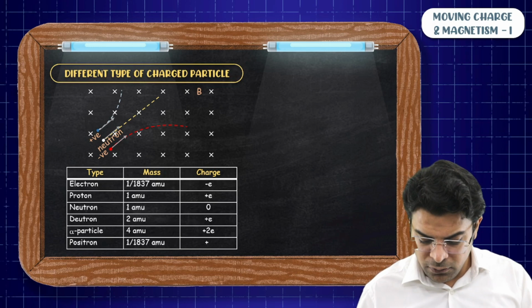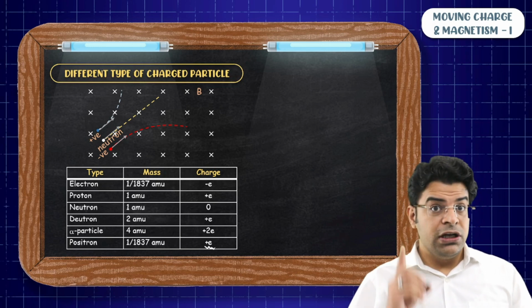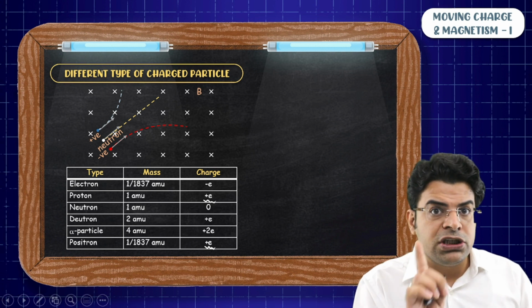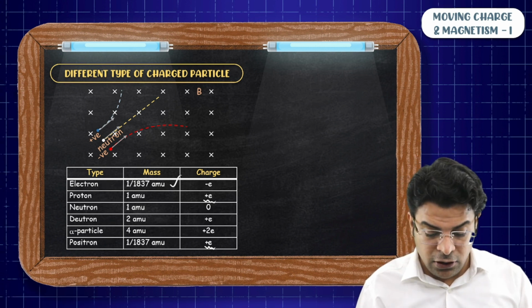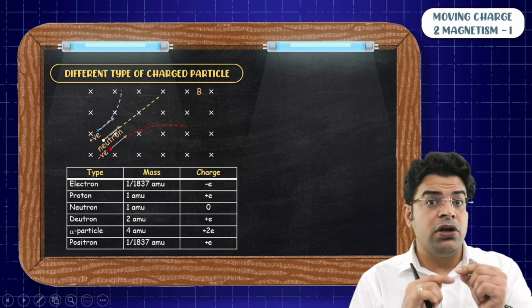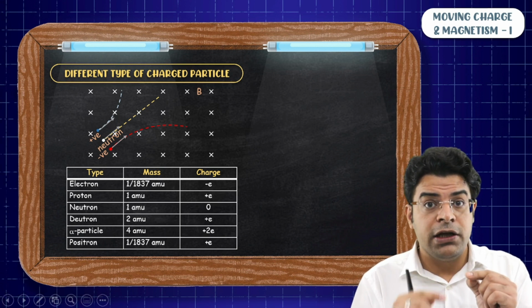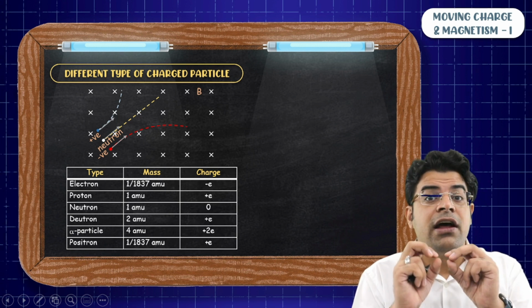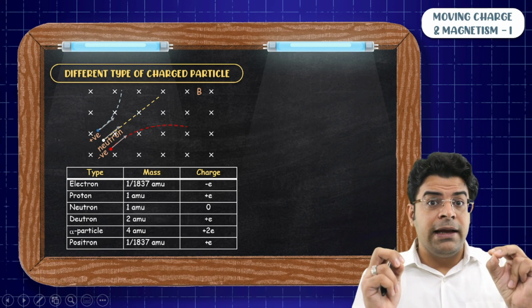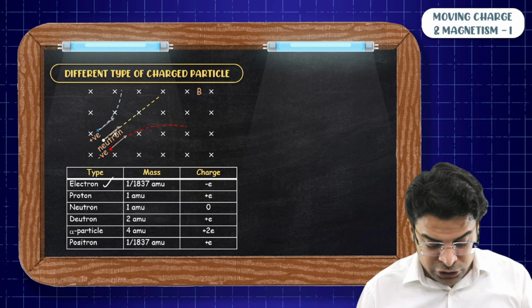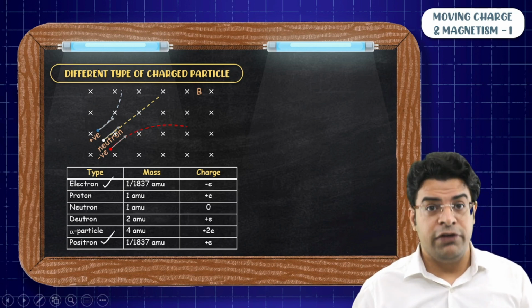The charge on positron is plus E, same as that on a proton. Remember that. So the positron has got mass same as that of electron and charge same as that of proton. Every time they are created together, and every time they annihilate, they die together. So electron and positron are antiparticles of each other.